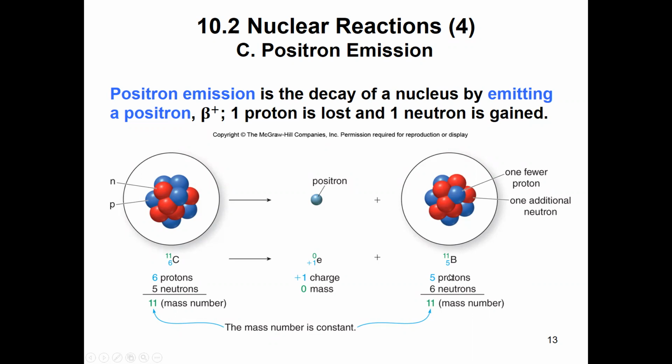We have 1 less proton, so we need 1 more neutron. And so you see how mass numbers are the same on both sides, 11 and 11, and then 6 protons on the left and 5 plus 1, 6 on the right. So the atomic numbers are the same on the left and on the right of the arrow. So 1 proton is lost, 1 neutron is gained.